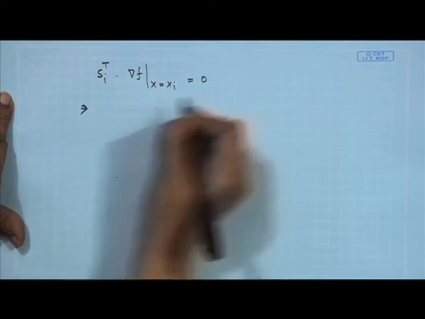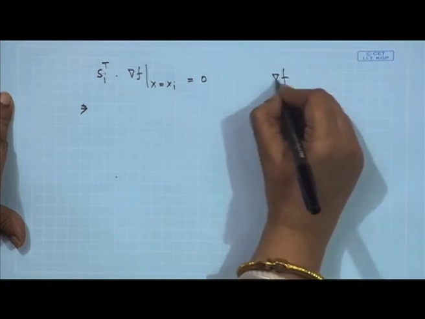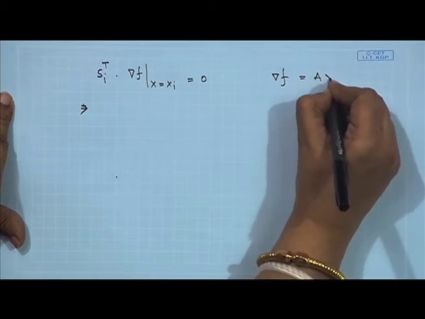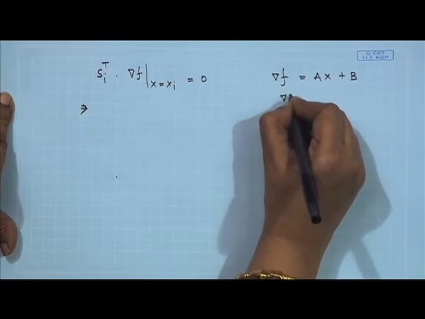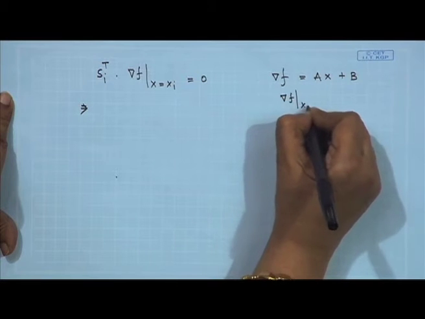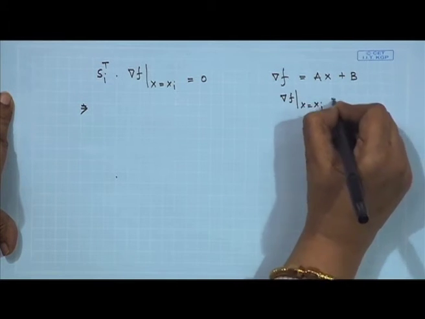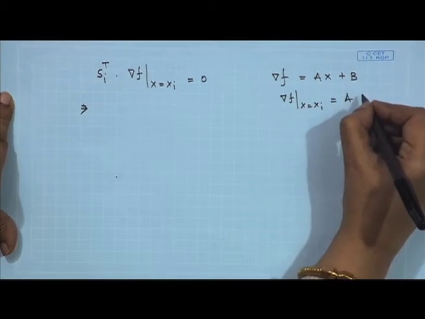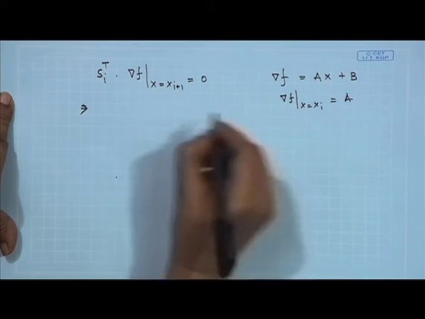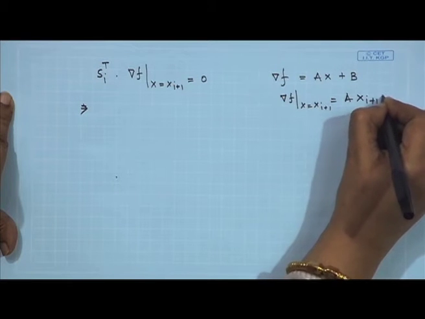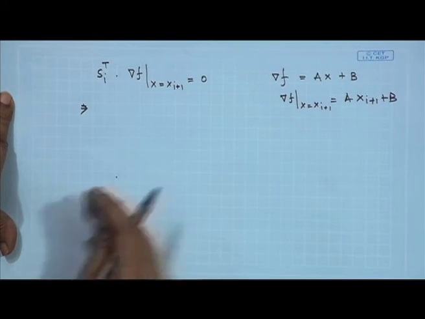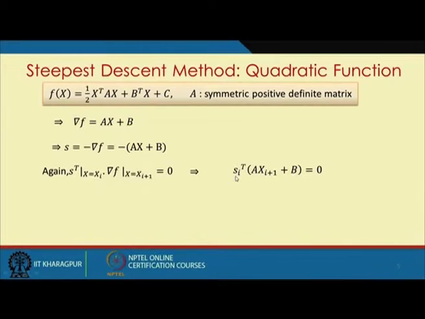It implies that, if you remember just now, we proved grad f is equal to Ax plus b, alright. That is why grad of f at x equal to xi plus 1 would be A xi plus 1 plus b, no problem. That is why here we can say Si transpose (A xi plus 1 plus b) is equal to 0.